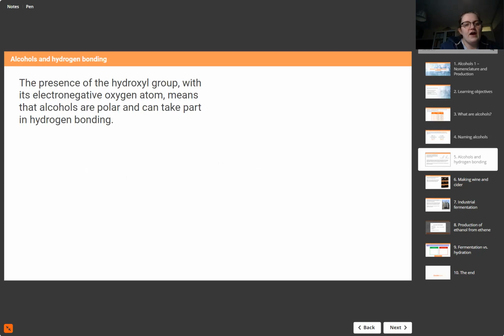The presence of the hydroxyl group is really important because this hydroxyl group has an electronegative oxygen atom attached to it. So as we can see here, the OH itself, the hydroxyl group itself, is polar, which makes our alcohols polar.